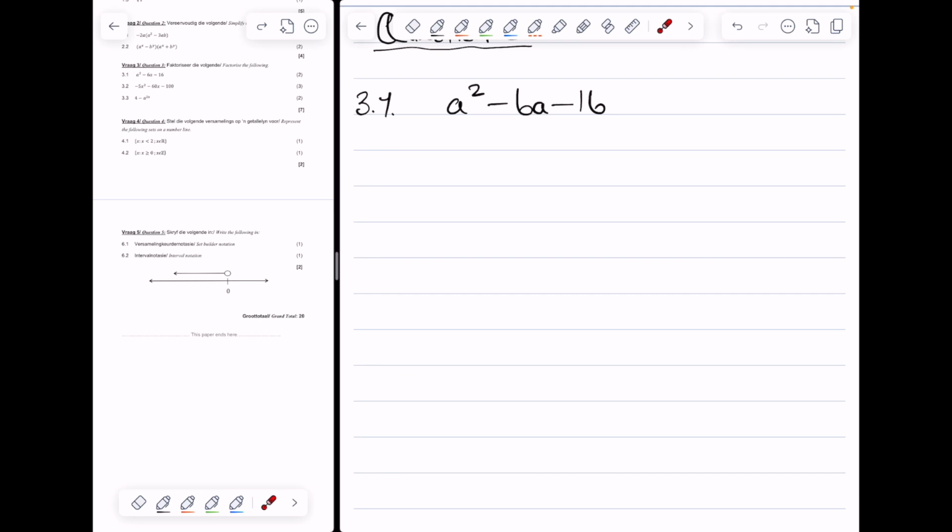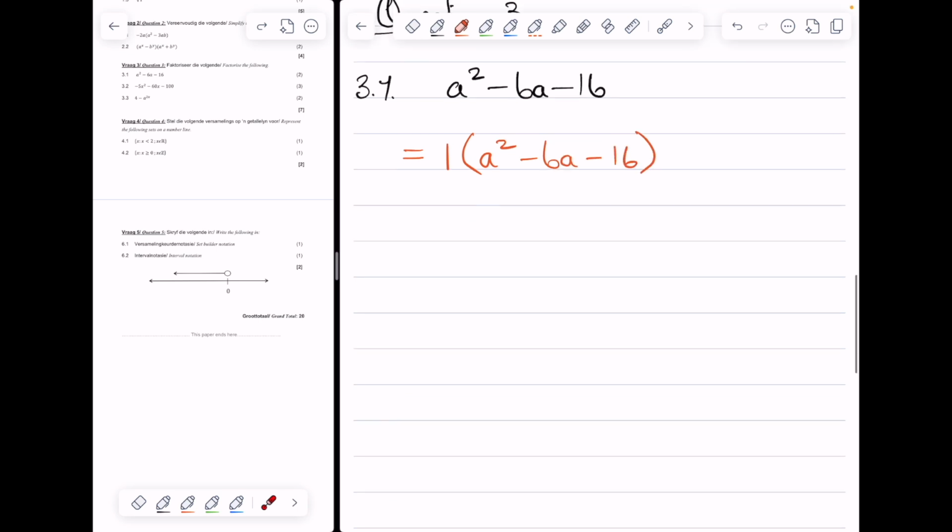But if you take out a 1, then you would end up with the exact same thing, which is actually what a lot of you did. So this is, for some reason, a common mistake made by grade 9 learners, even grade 10 and 11s.